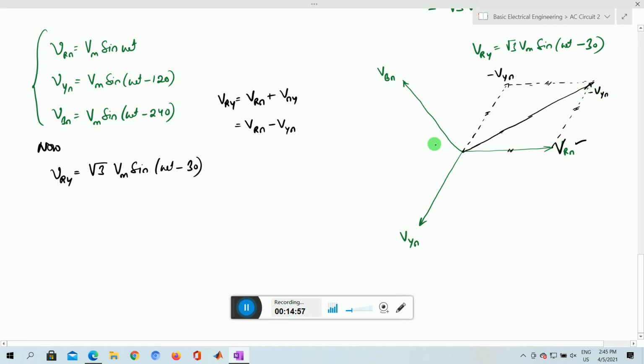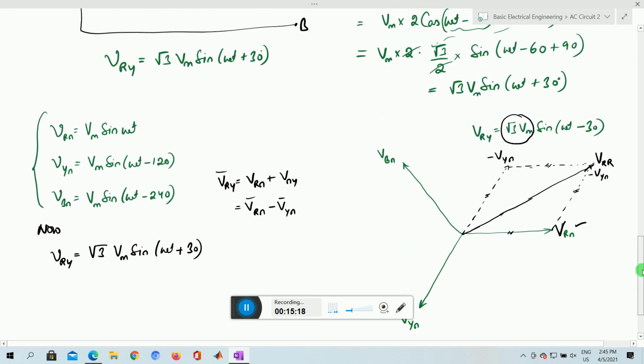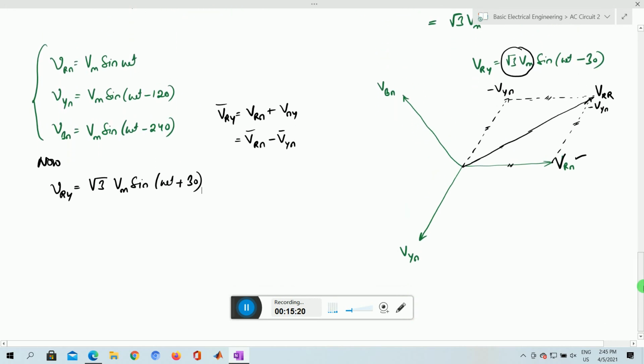If we add these two phasors, we get the phasor VRY. Already we know the magnitude is √3 times Vm, and the angle is plus 30 degree. So this side will be plus 30 degree, and this leads the phase voltage by an angle of 30 degree.